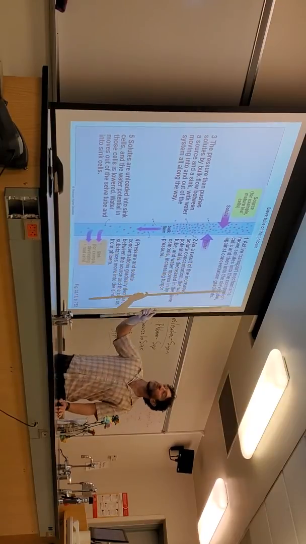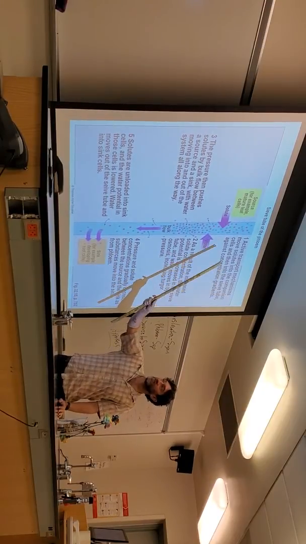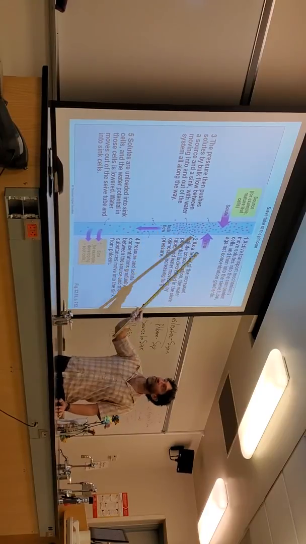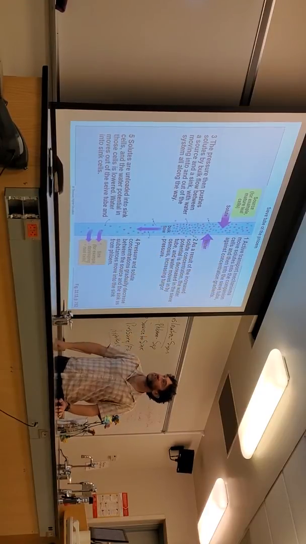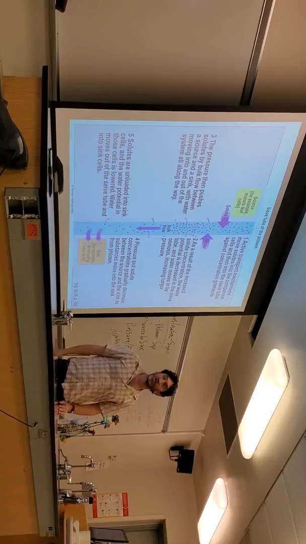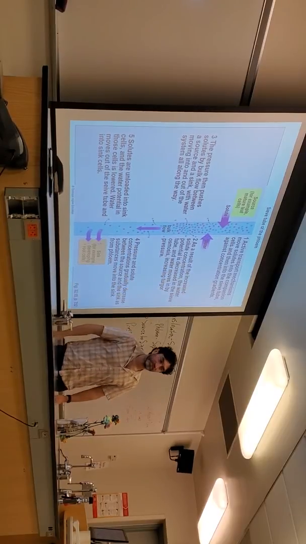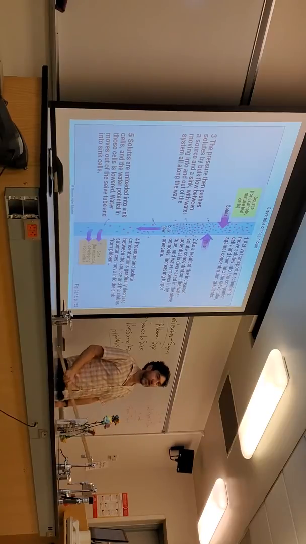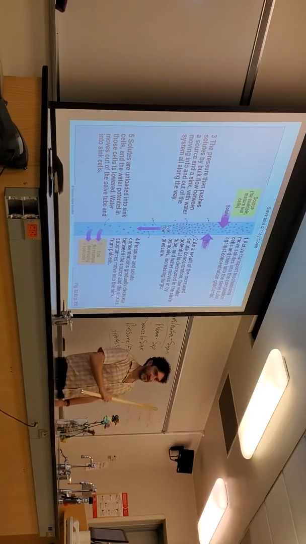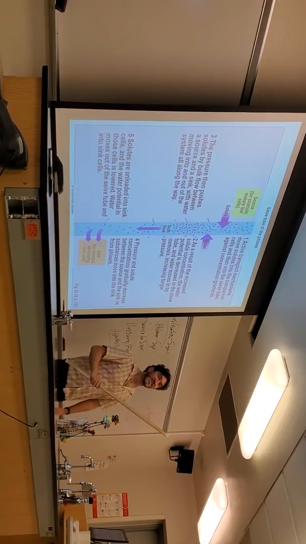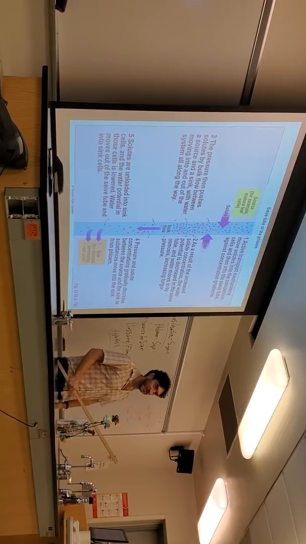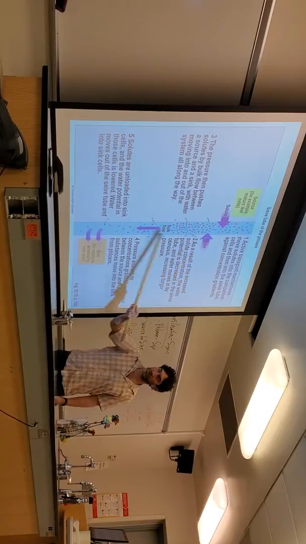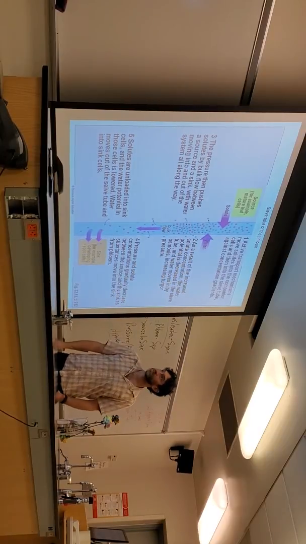Okay. Remember, water follows solute. Now you have all the solute inside of these sieve tubes, water comes rushing in. Where does the water come from? It comes from the xylem. The phloem always has to be located next to the xylem because it needs the water from the xylem in order to create the pressure, okay?